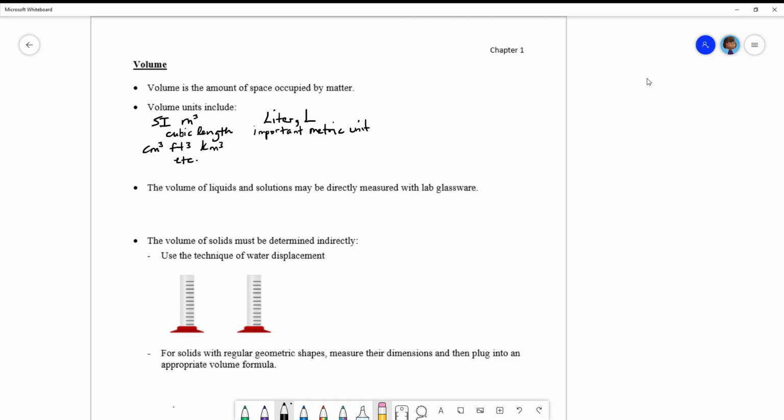Now, because it's a metric unit, we can use our metric prefixes to make it bigger or smaller, and therefore it is not unusual to have things like milliliters, or perhaps picoliters, or deciliters, etc. Now, a very important conversion relationship between the cubic length system of volume units and the liter system of volume units is one that you learned before in Chem 10, and I'm going to remind you of it now, and that is this, that 1 cubic centimeter is identical to 1 milliliter.